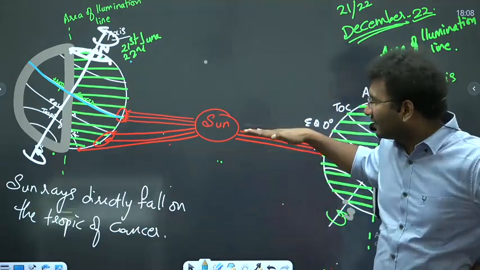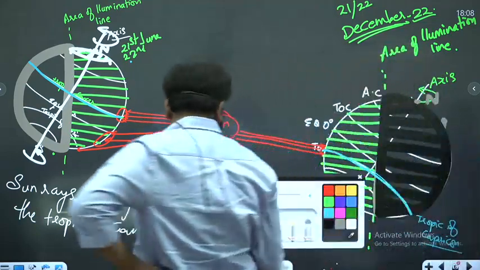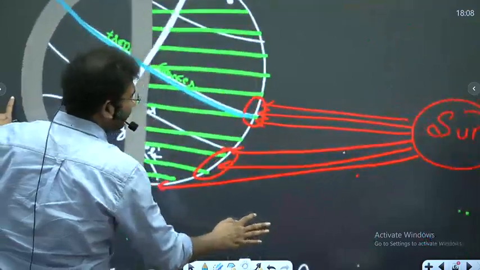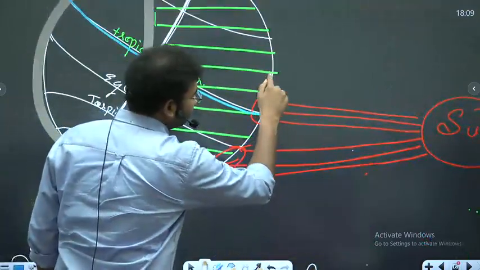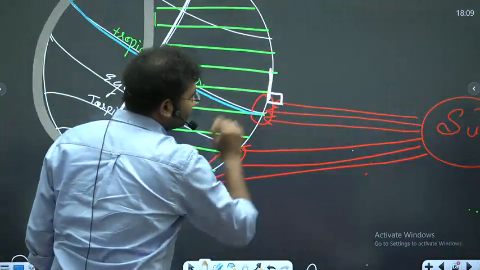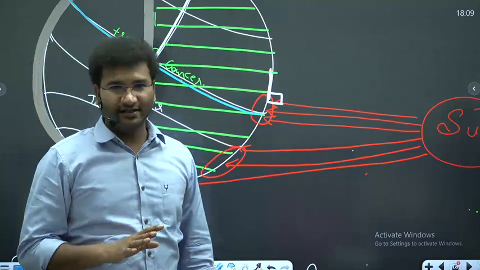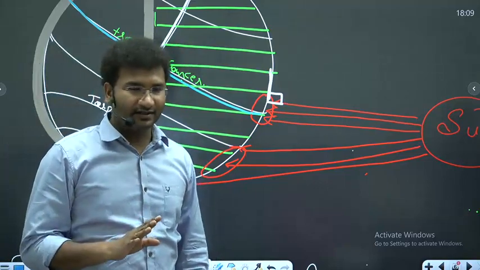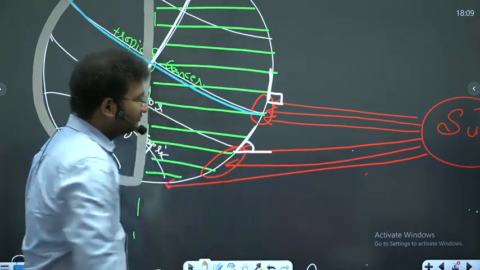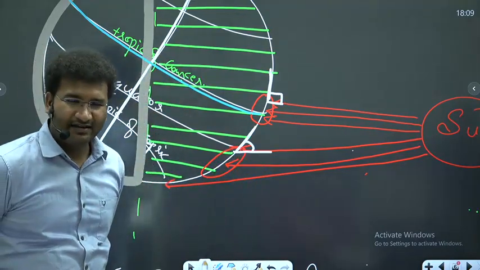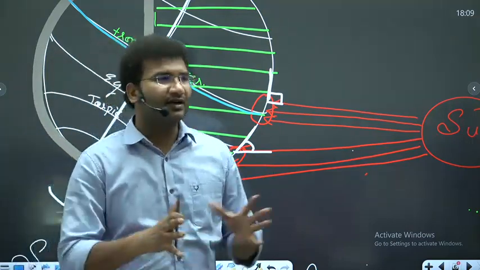Always the sun's rays directly means vertical. The angle which it makes, see here. Look at this. What is the angle? Perpendicular is what is called directly. Okay, it is called vertical. But what is the angle? It is slanting. Now whatever rays come slanting, they cover a larger surface area.